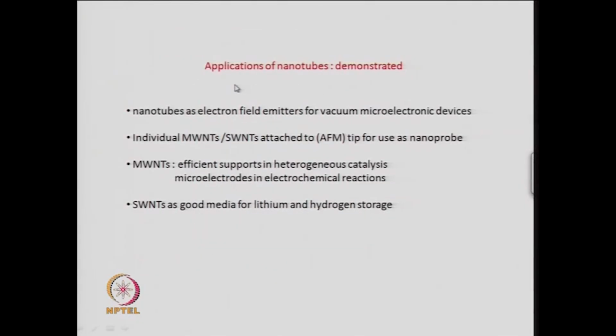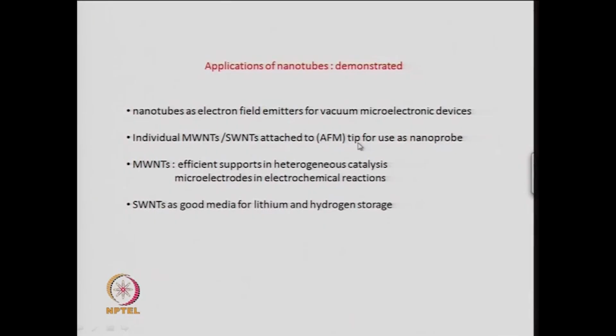Now, some of the properties we are mentioning have already been demonstrated and they have been made. For example, carbon nanotubes have been used as electron field emitters. That means, you apply electric field to carbon nanotubes and they emit electrons, and these have been utilized for vacuum microelectronic devices. Then a very important application is in AFM tip.